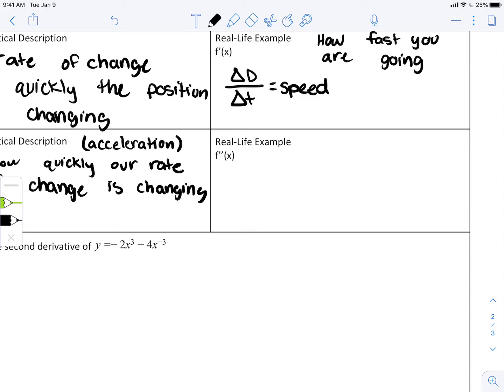When you merge onto the highway, you typically have to push your foot down harder so that you can speed up. And so this is how quickly we speed up or slow down.